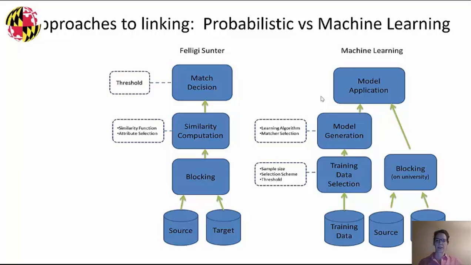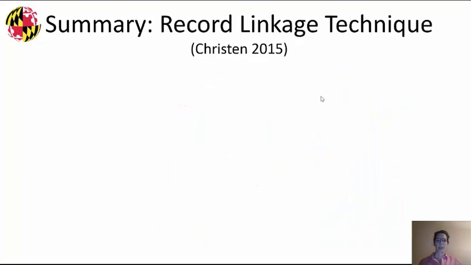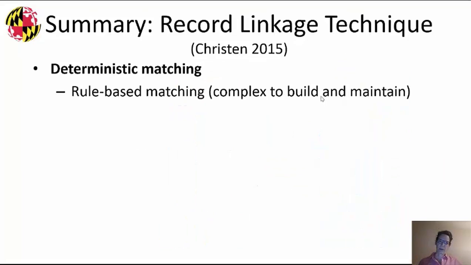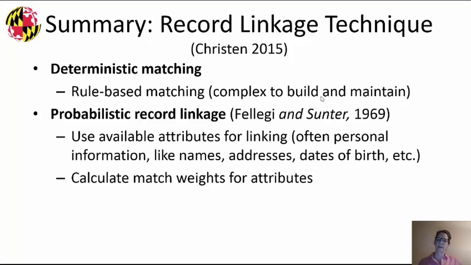So in this very brief overview over key record linkage techniques, let me summarize that. We have deterministic matching, which is a rule-based method. We have probabilistic record linkage, mostly known by the Fellegi and Sunter paper.